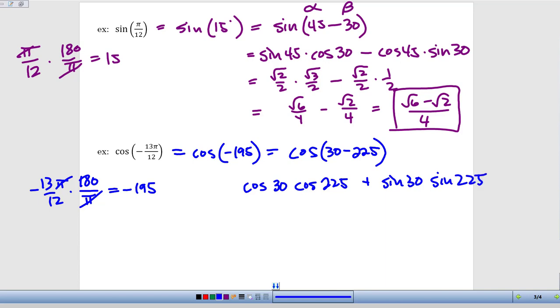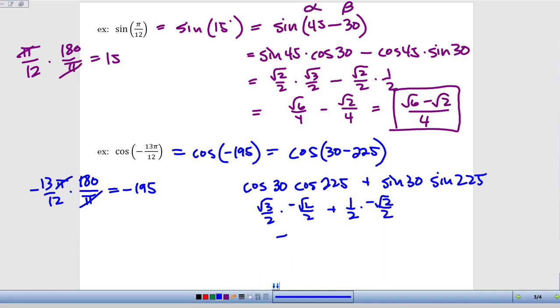So from my unit circle now, I've got all these ratios that I can find. Cosine of 30 is root 3 over 2. Cosine of 225, so we're in the third quadrant, so that's going to be negative root 2 over 2, plus sine of 30 is 1/2 times the sine of 225 is negative root 2 over 2.